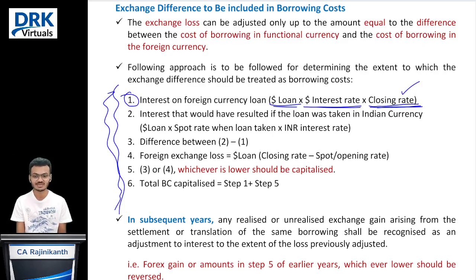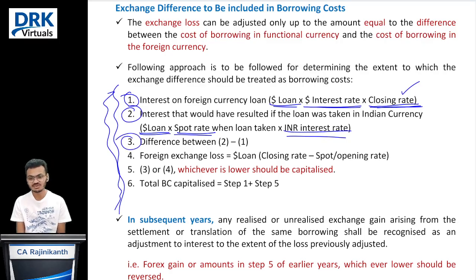That is the first step. And in the second step, you calculate the notional interest. It means what? If we would have taken a loan from a bank in India, how much interest cost would it be? So that you calculate. Simply, you take that dollar, that foreign currency loan, multiply that with the spot rate on the date of taking the loan, and apply the interest rate. You will get the notional amount of interest.